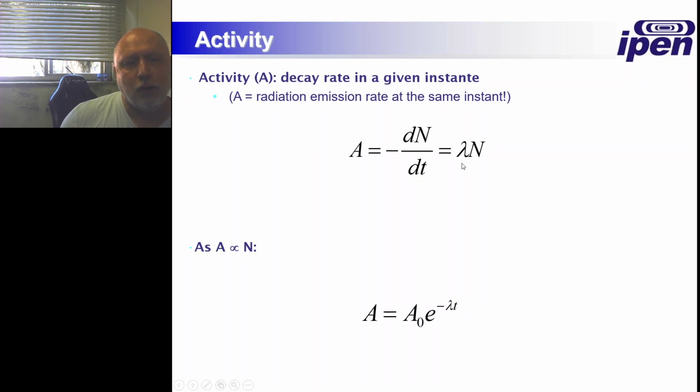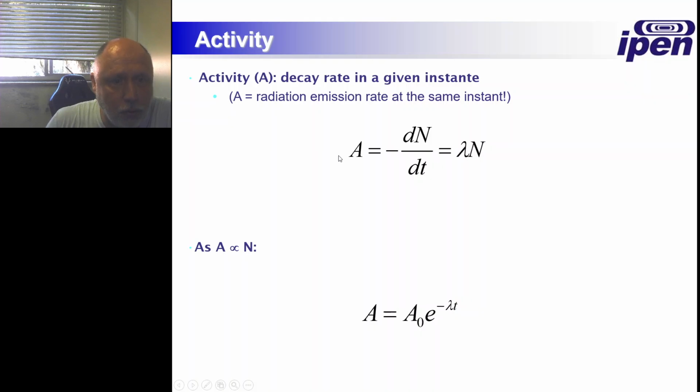And now it starts to make sense, right? Because the larger the number of radioactive nuclides in a sample, the larger will be the activity of this sample, right? Makes sense. On the other hand, the larger the decay constant, meaning the larger the decay probability of those nuclides, the larger will be the activity.